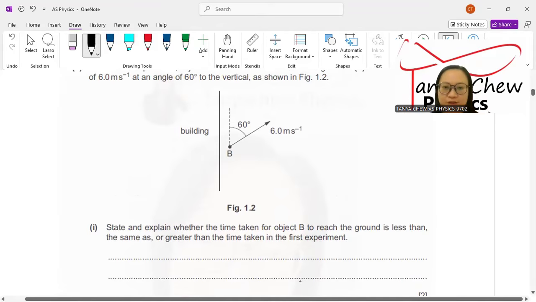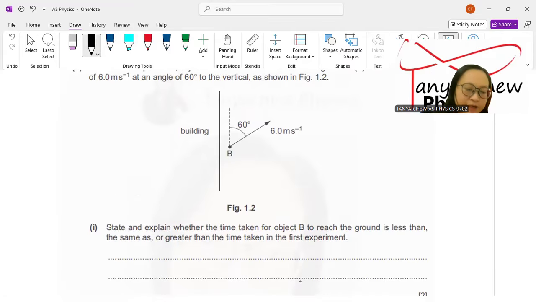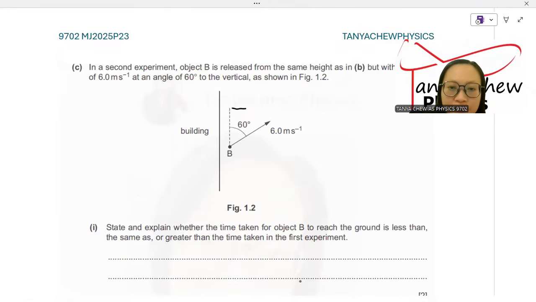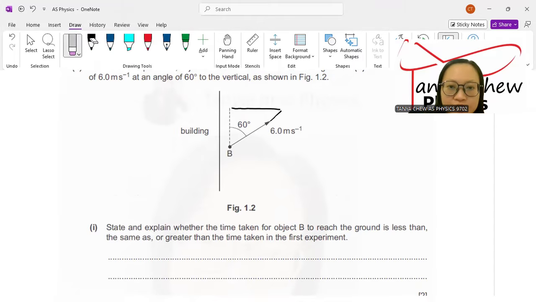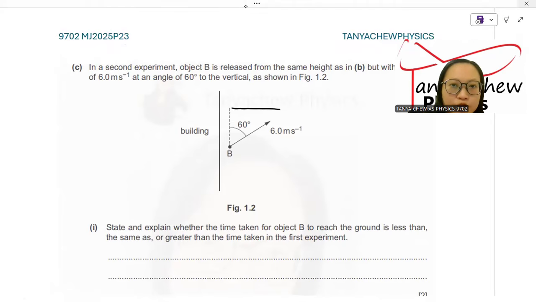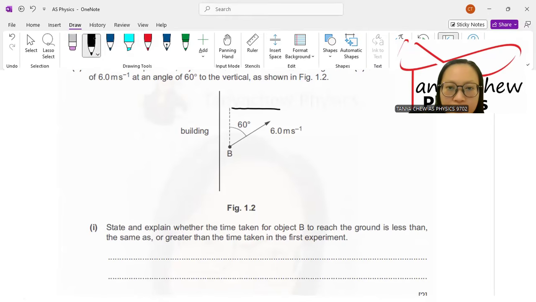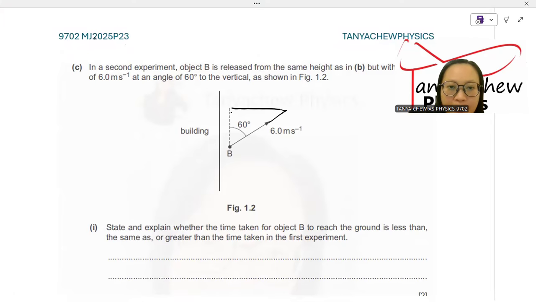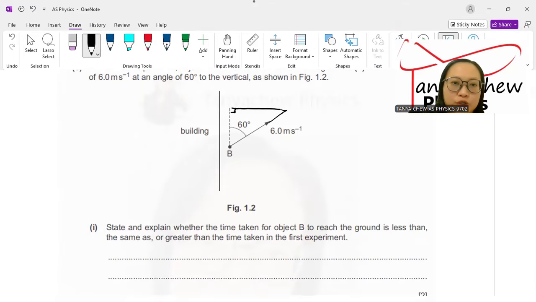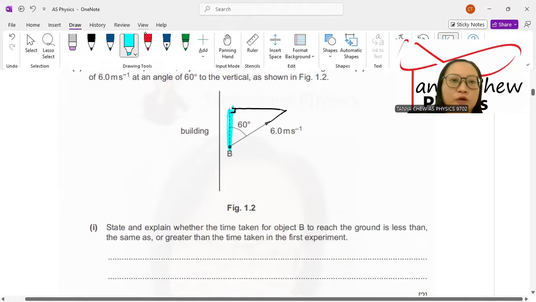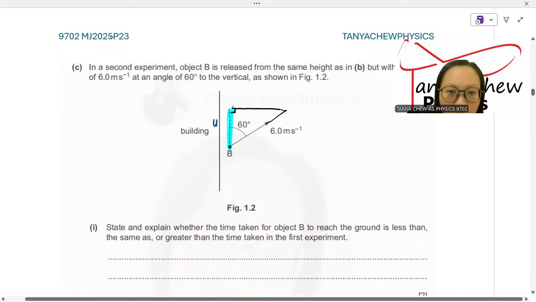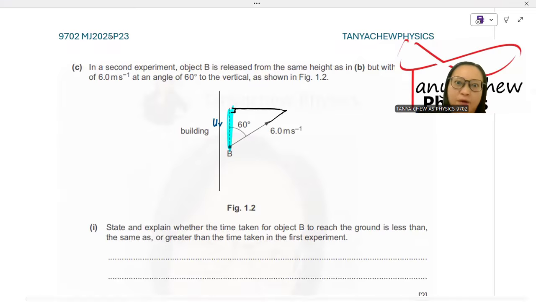Since this speed is deviated through 60 degrees from vertical, I need to find the initial vertical velocity of B. I draw a right angle triangle so that you can see it clearer. I am going to find this initial velocity in vertical direction, because the height is in vertical direction and g is in vertical direction.